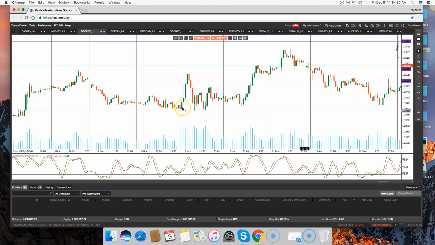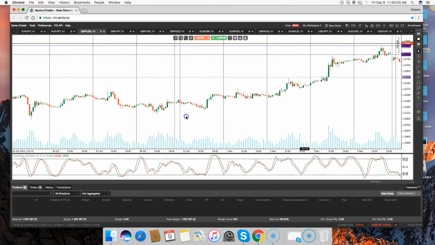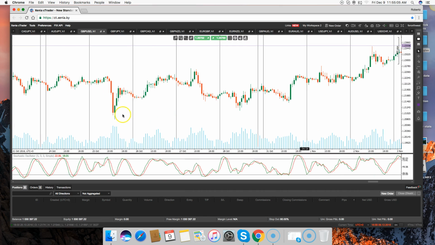Previous support or resistance levels, stochastics oversold or overbought, and a reversal candlestick pattern. Again, just going back in history and pointing out previous support or resistance levels. Here we have a support level, and then price came close, but we do have a candlestick pattern here, a hammer, and stochastics is oversold, so we would take a trade.